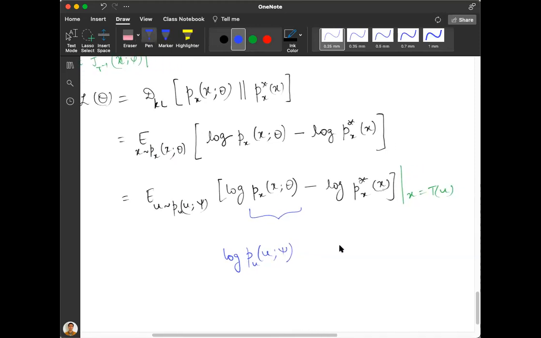You remember that, I hope. Plus the determinant term, log of the determinant of the Jacobian of T inverse.